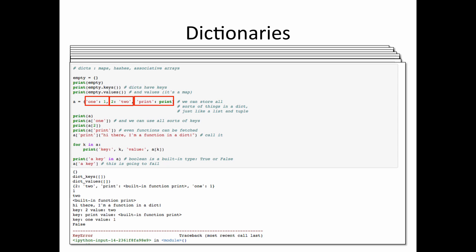Third, I can even use a function as a value. So in the third pair, the string print is the key, and the function print is the value. If you query the value that belongs to a key, you simply use the name of the dictionary, which is A, followed by square brackets, and then put the key in the square brackets, then it will return a value corresponding to this key.